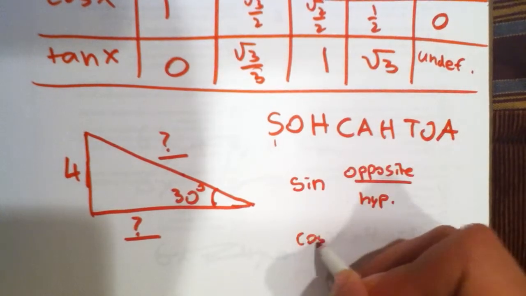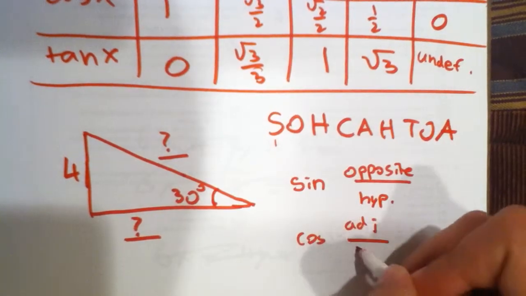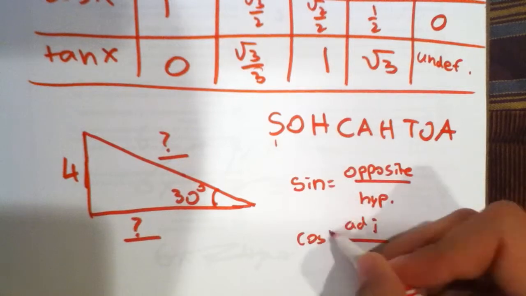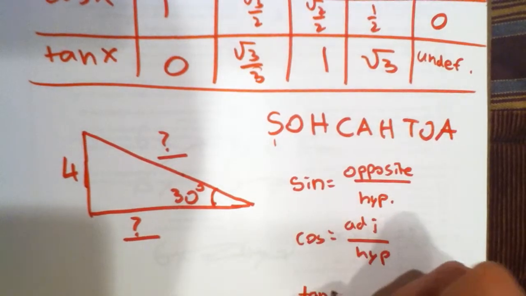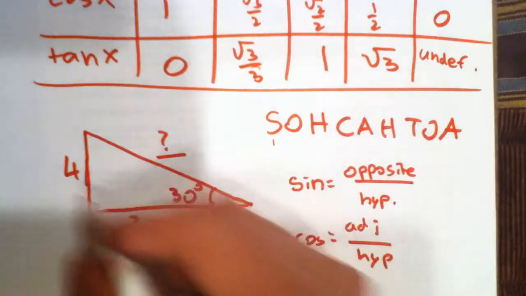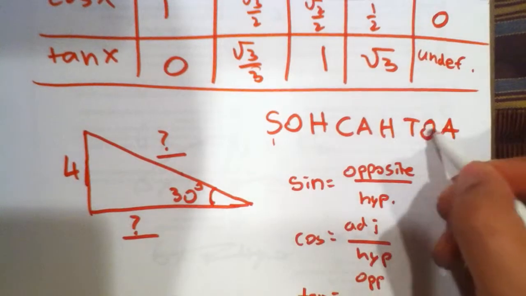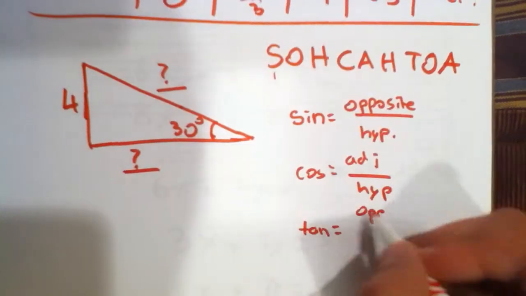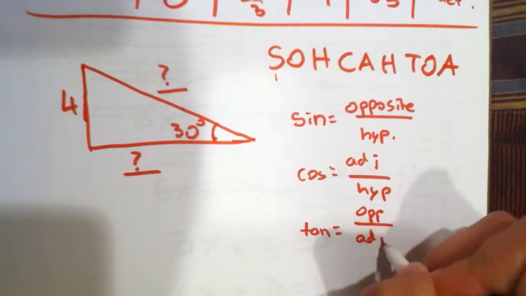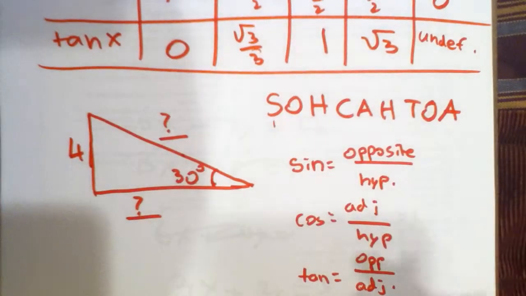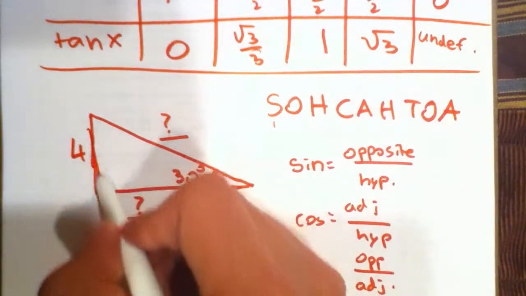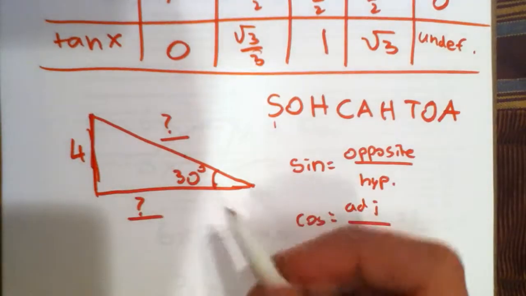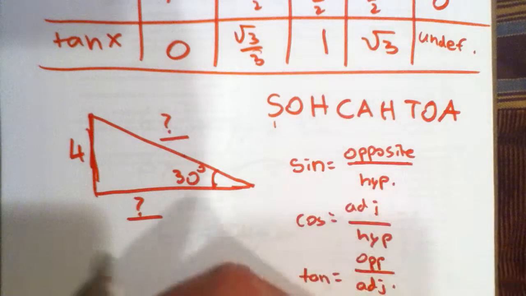And cosine will be adjacent over hypotenuse. And tangent will be opposite over adjacent, TOA. So for this problem, the length of the side opposite to this angle is given, so we should use sine to solve for it.